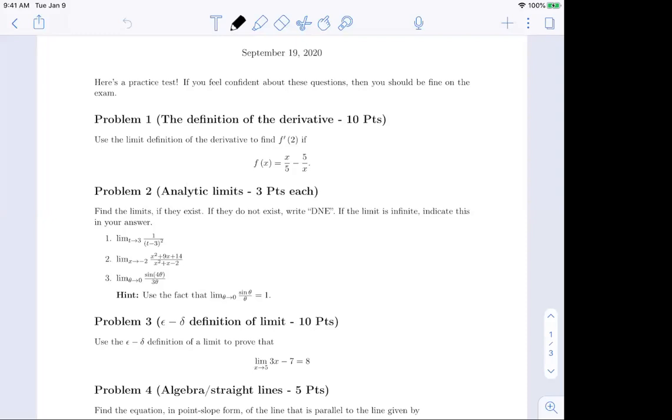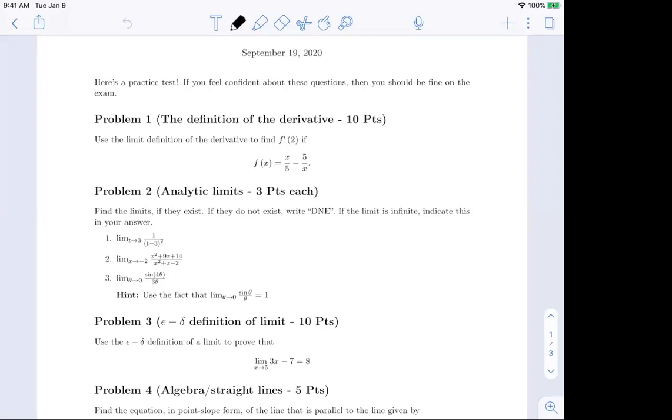So problem 1, the definition of the derivative. Use the limit definition of the derivative to find f prime of 2 if f of x is x over 5 minus 5 over x. If I give you a problem like this on the exam, and you just use the power rule, and you don't write any limits, you'll get 0 points.